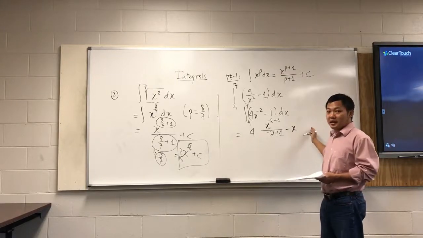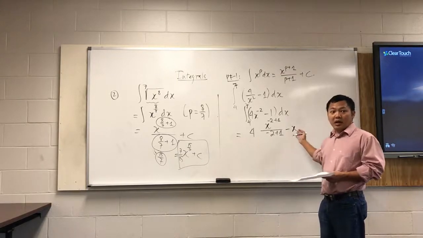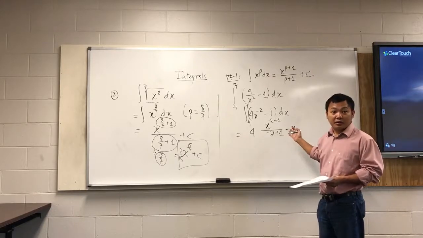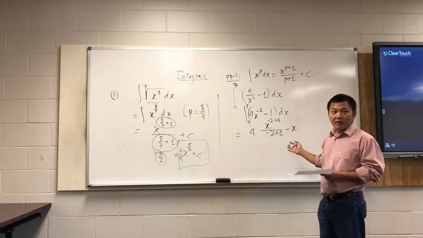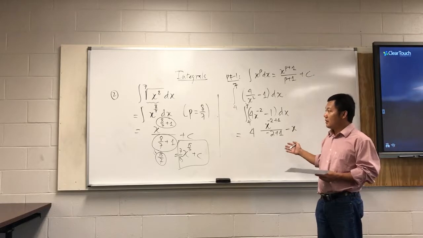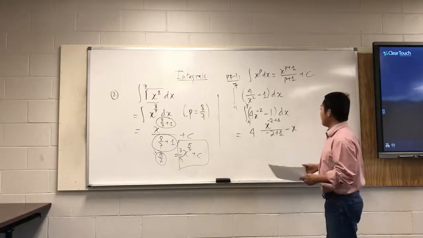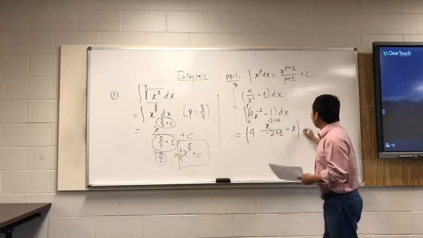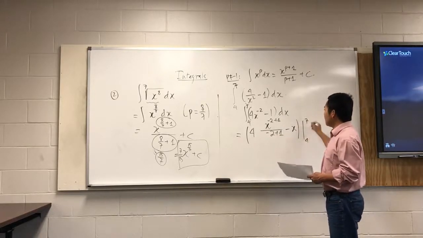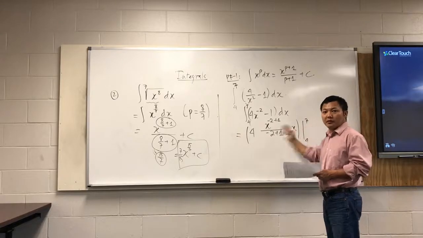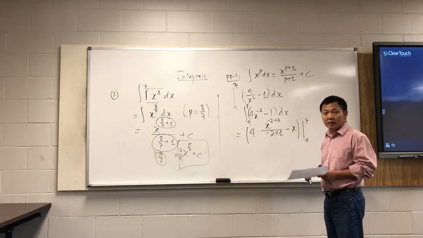I don't need c in this case, because we are evaluating a definite integral. When we evaluate definite integrals, we don't need c because, if we use the first fundamental theorem, c will disappear. And then I evaluate this function from 4 to 7, so you need to plug 7 and 4 into this and find the answer.